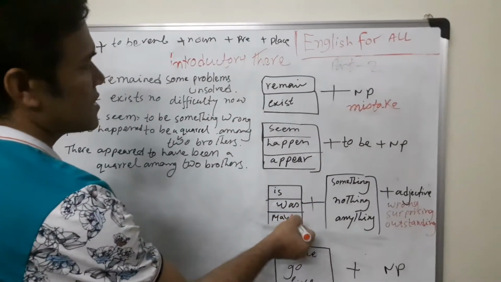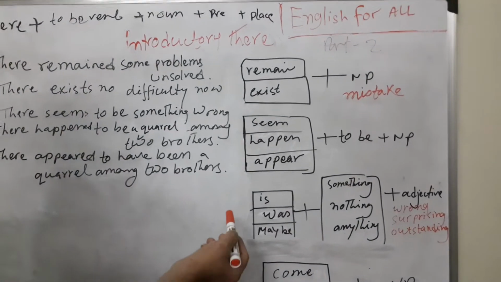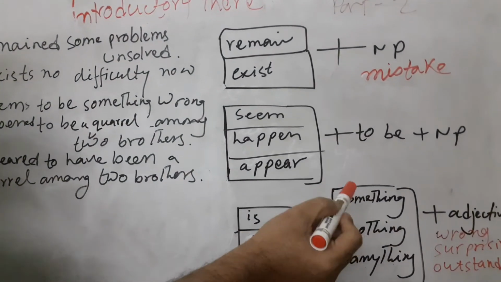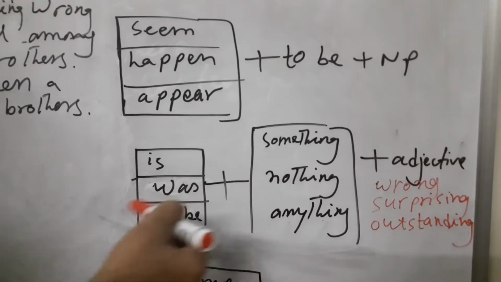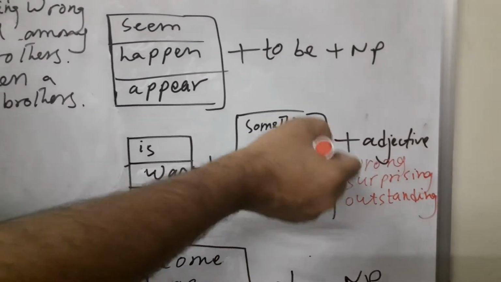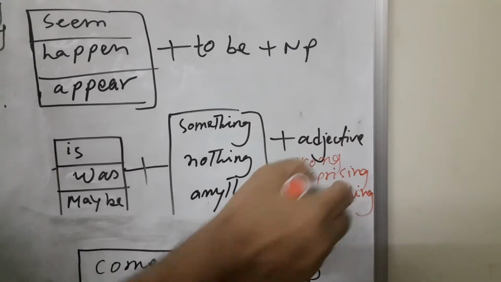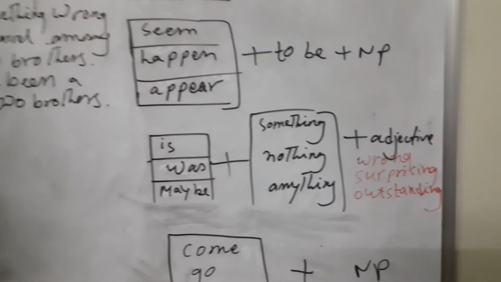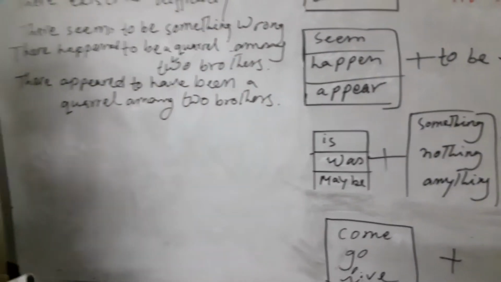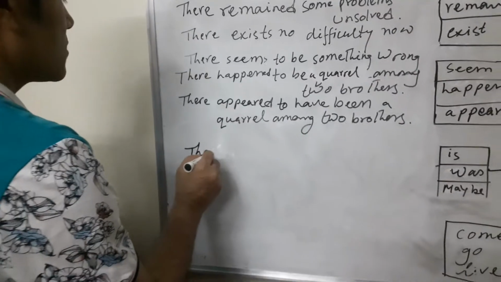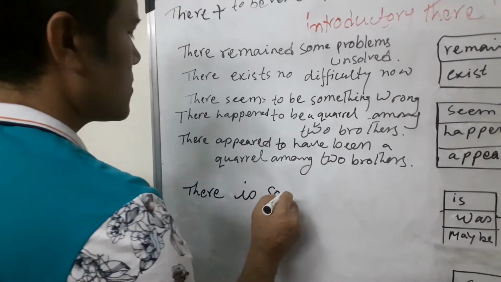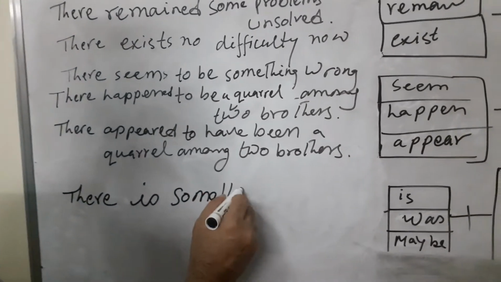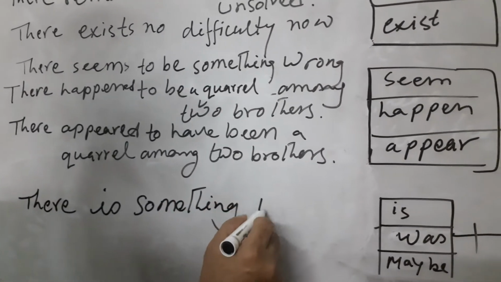Then come to the third structure. There is something, there was nothing, there may be anything, plus you can add an adjective here. Let's make a sentence using this. There is something wrong.